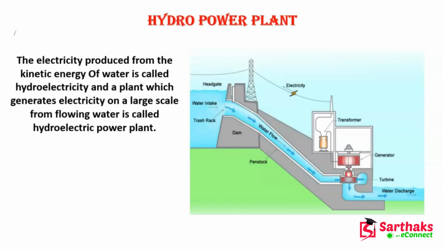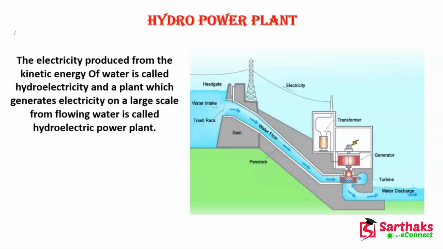First, we combust the coal, and due to the combustion, heat energy is produced. This heat energy converts the water into steam, and that steam is used to make the turbine rotate.